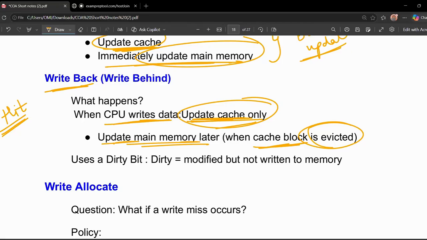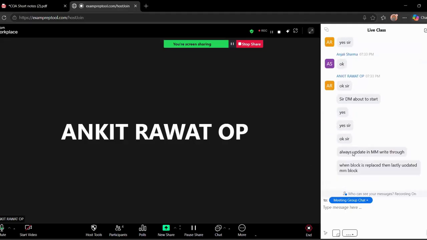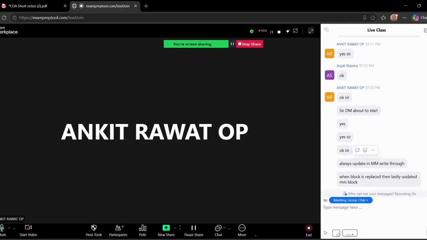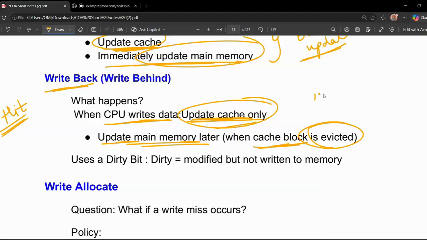Like, assume in a bank account you have updated 1,000, but in the system it is showing 500. This is really a problem.